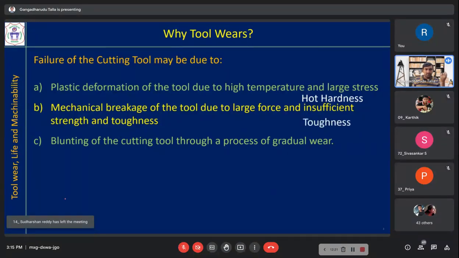Now second case, if you want to avoid mechanical breakage, the tool should have good toughness. Third is blunting of the cutting tool due to wear, so you should have good wear resistance.